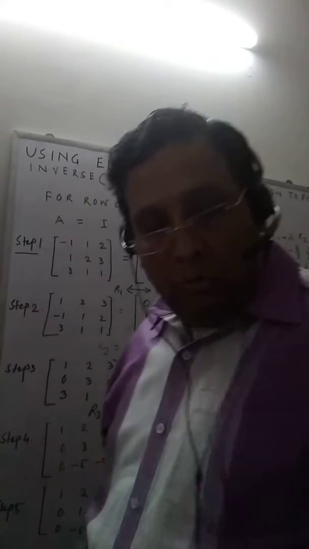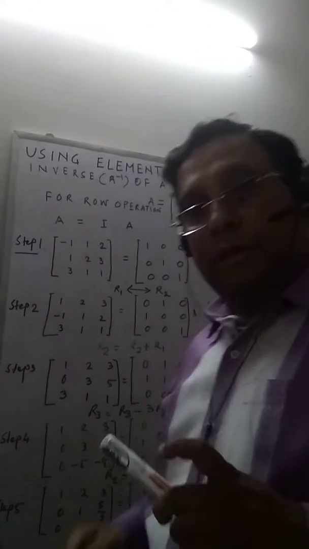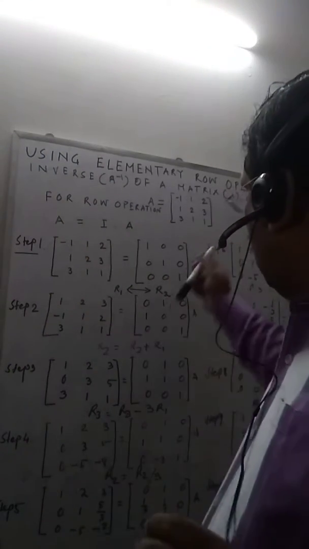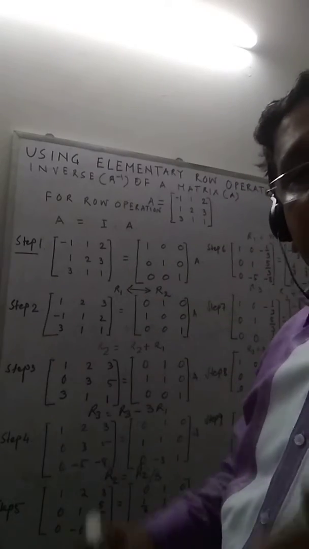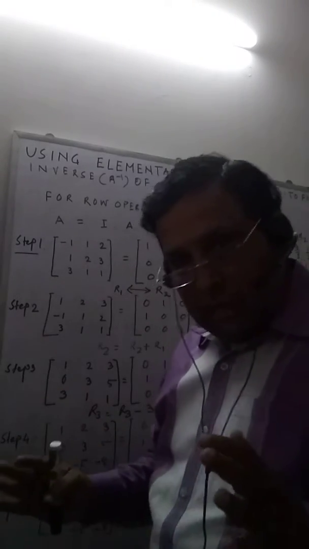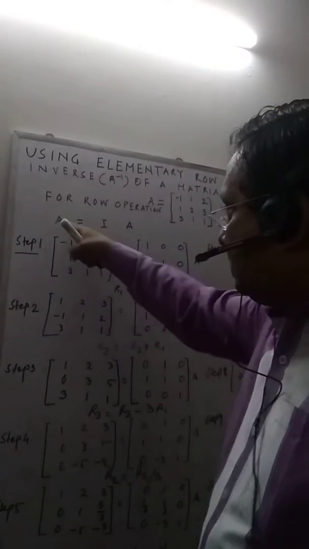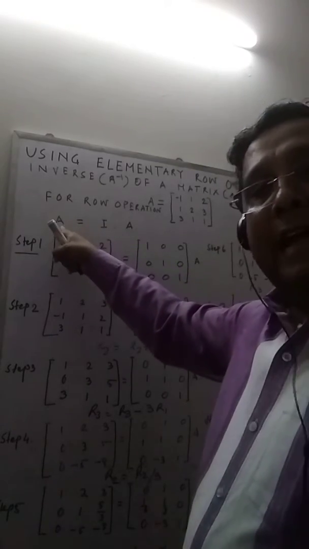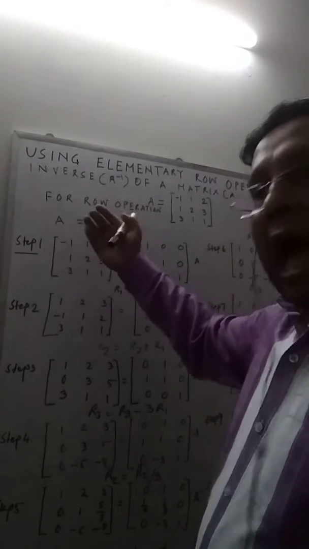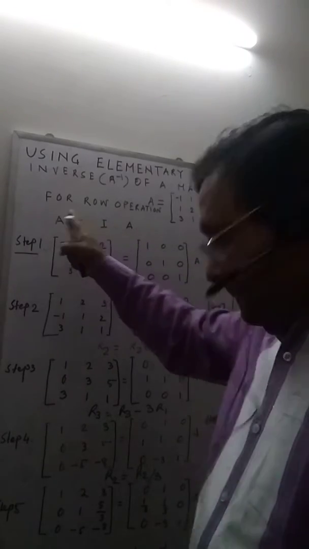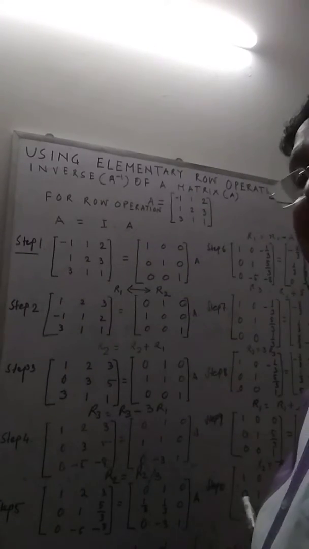Now, using these row operations, our objective is very clear. Slowly and gradually, in each step we will try to change the matrix A on the left hand side, and our destination is to convert this matrix A into an identity matrix.